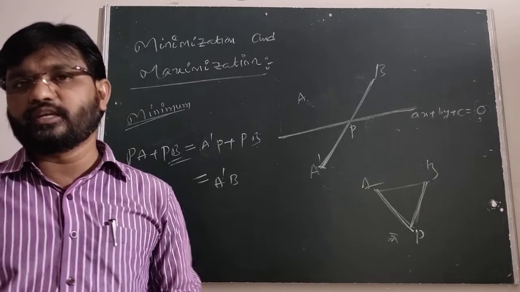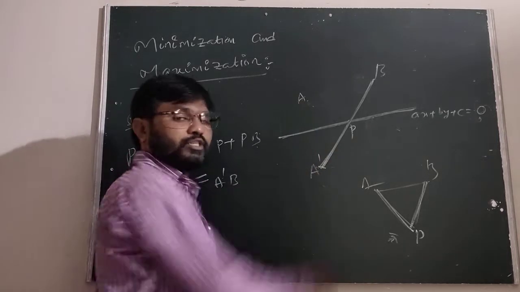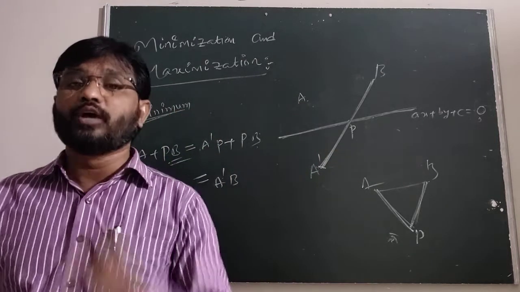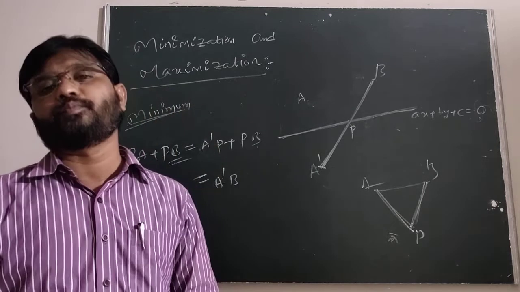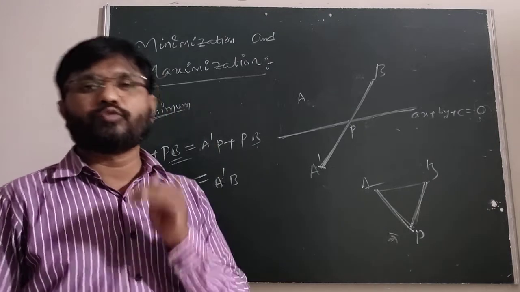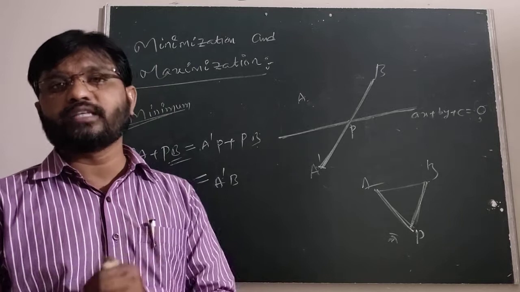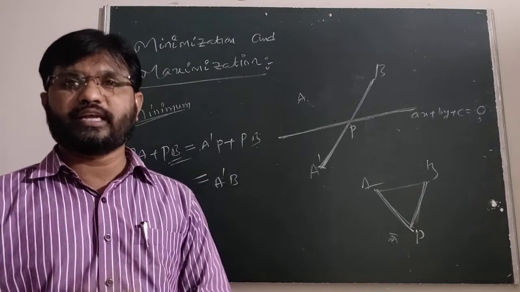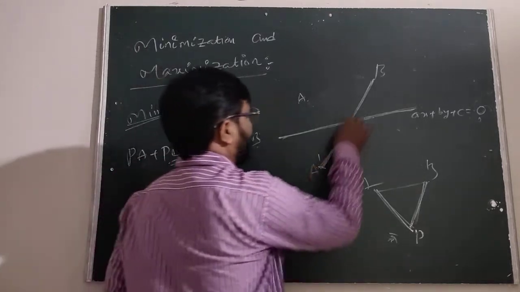Once again, listen carefully. First we have to find the image of one of the given points. Then we have to find the distance from the image to the rest of the point. Is it clear? So this is called the minimum distance.